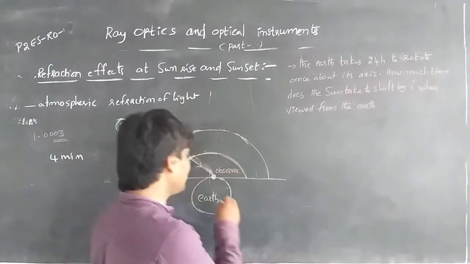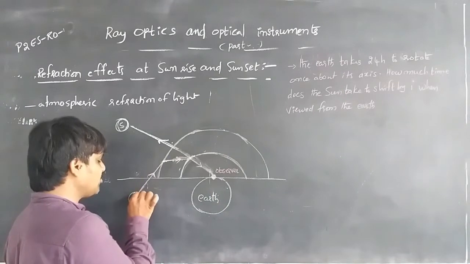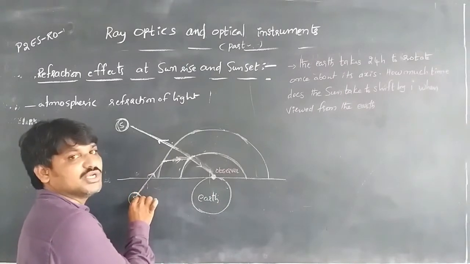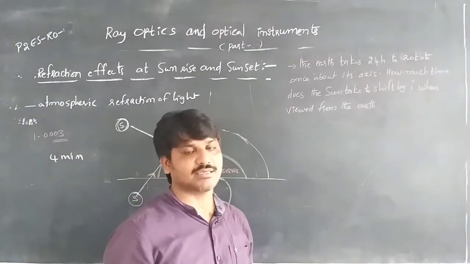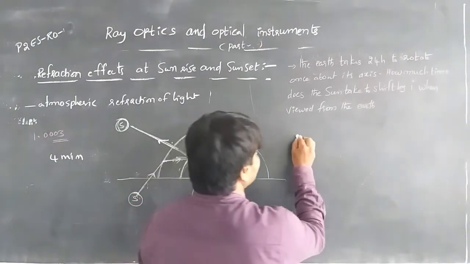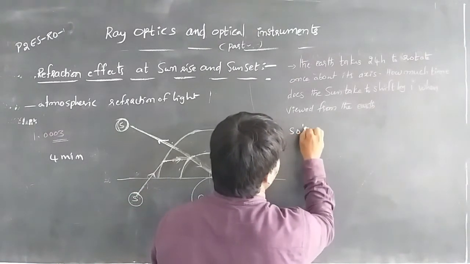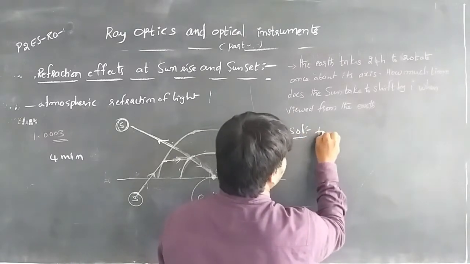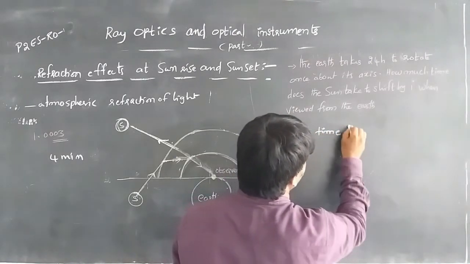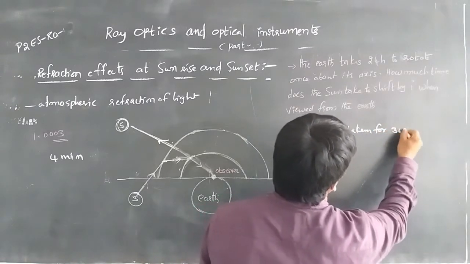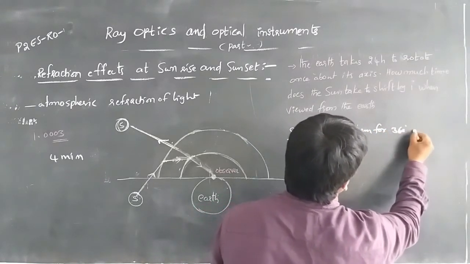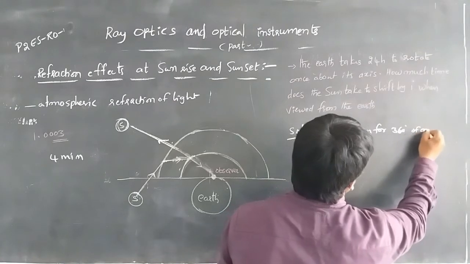Means when viewed from the earth, how much time is taken for the sun to shift 1 degree? So the solution is the time taken for 360 degrees of rotation about its axis.